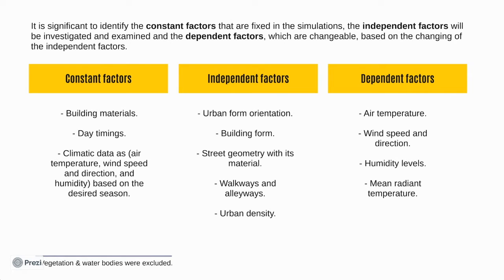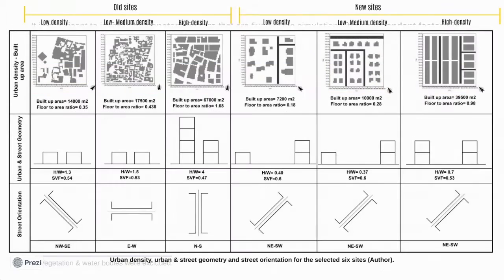The constant factors were the building materials, the day timings, and the climatic data, such as air temperature, wind speed, and direction based on the desired season, while the independent factors were the urban form orientation, building form, street geometry, walkways, and urban density. The dependent factors were the air temperature, wind speed and direction, humidity levels, and mean radiant temperature. Kindly note that the vegetation and the water bodies were excluded in all the simulations.